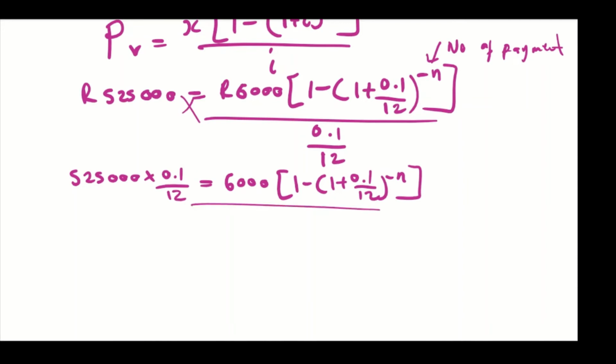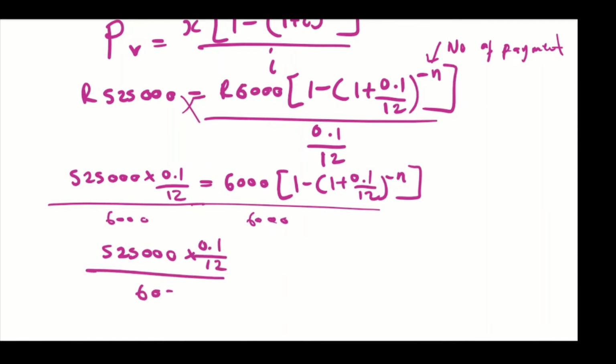And you divide by 6,000 on both sides, and we'll have 525000 multiplied by 0.1 over 12 divided by 6,000 is equal to 1 minus (1 plus 0.1 over 12) to the power of minus n.